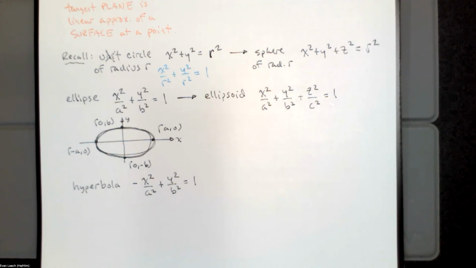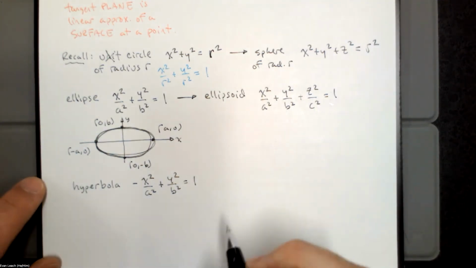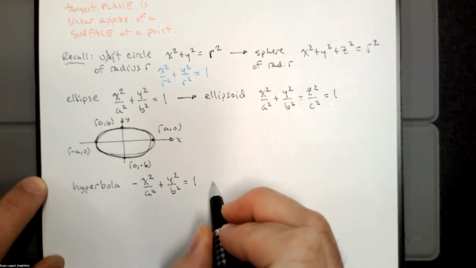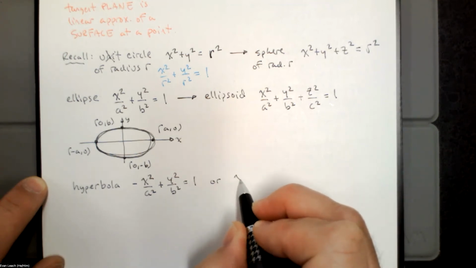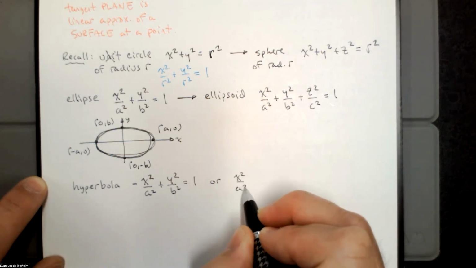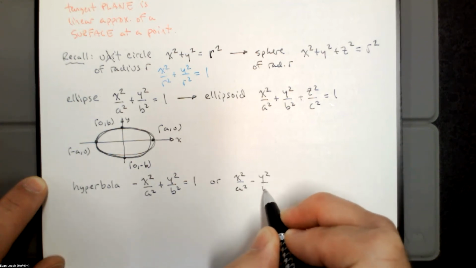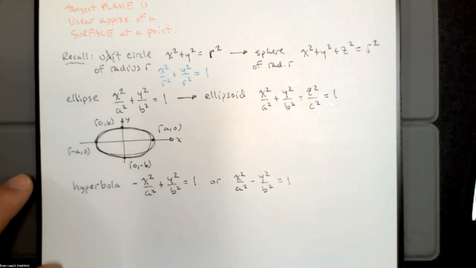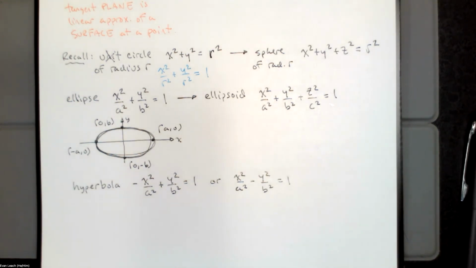If I make the y term negative, I get another shape of hyperbola. Just a big game of what if we did this?